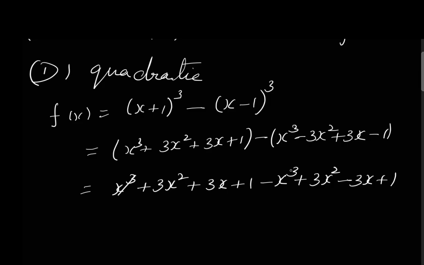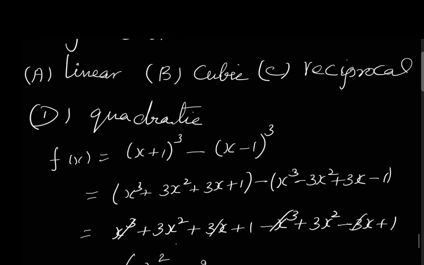So x cube cancel, plus 3x minus 3x cancel. 3x squared plus 3x squared is 6x squared. 1 plus 1 is 2. So this is the expression of degree 2. So it is a quadratic equation, option D.